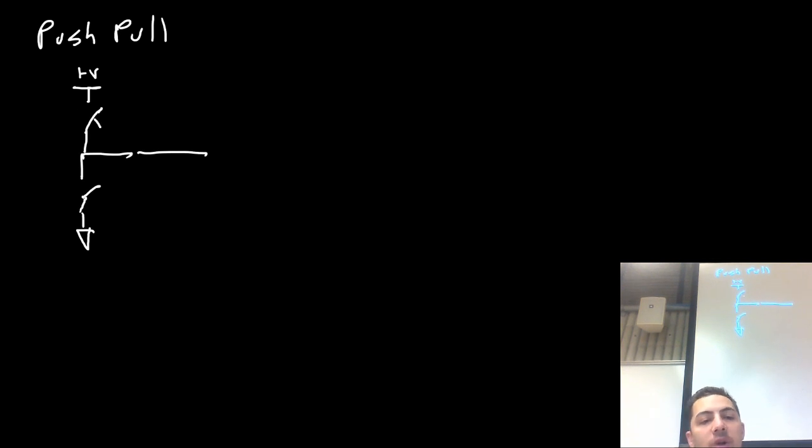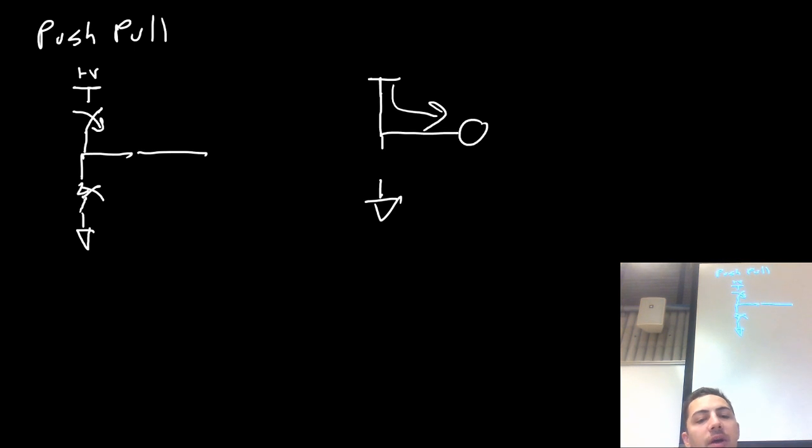Okay, and if we close that switch, then we have 5 volts going to the output, and no connection to ground, so current flows out of there. If we closed the other switch and left this one open, we would have a direct connection to ground, no connection to 5 volts, so current could sink to ground.